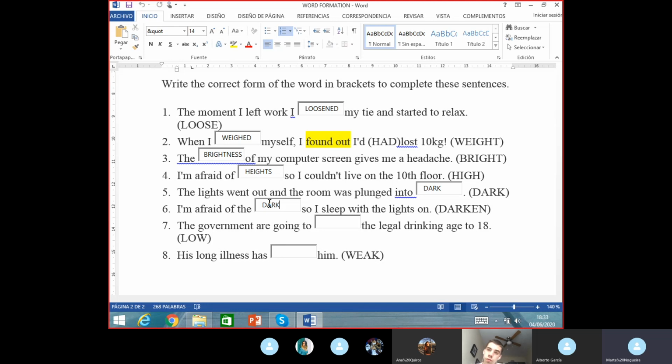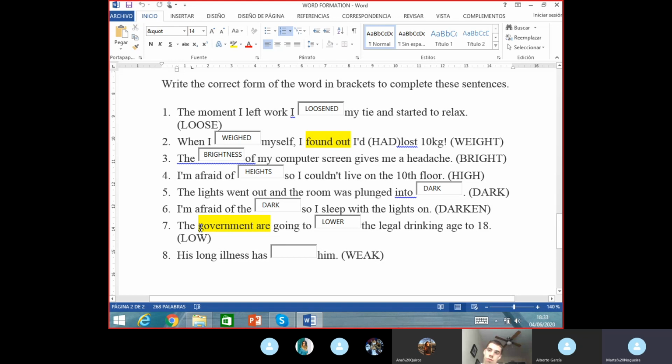7, the government are going to lower, because I need the verb, the legal drinking age to 18. Guys, I can put government is or are, because this is a collective noun. Police is or are. Si tomo el gobierno como, I'm going to explain in English. If I take this as a singular word, I can put is.